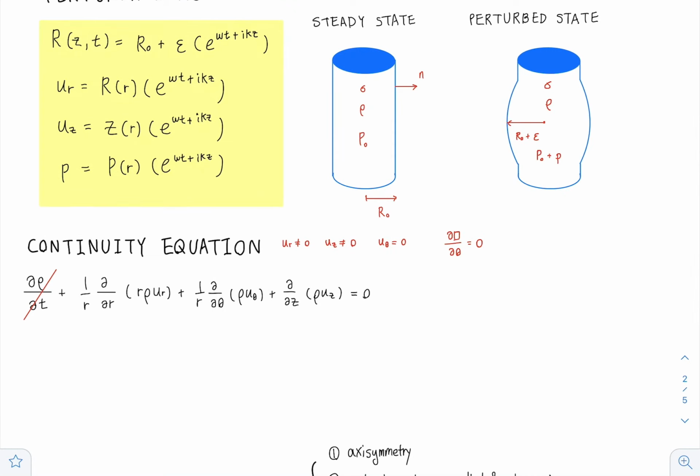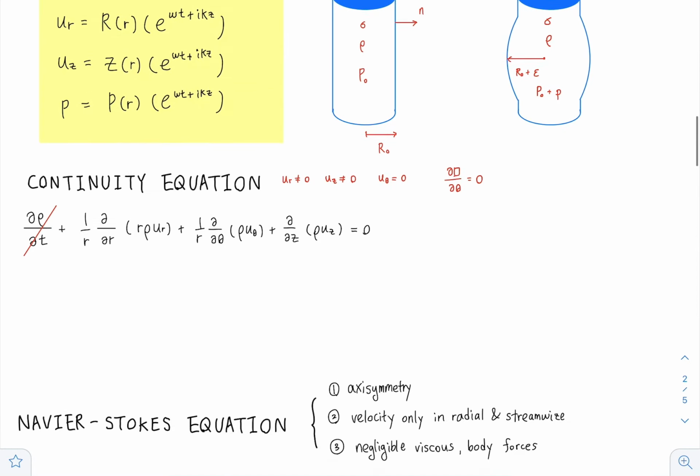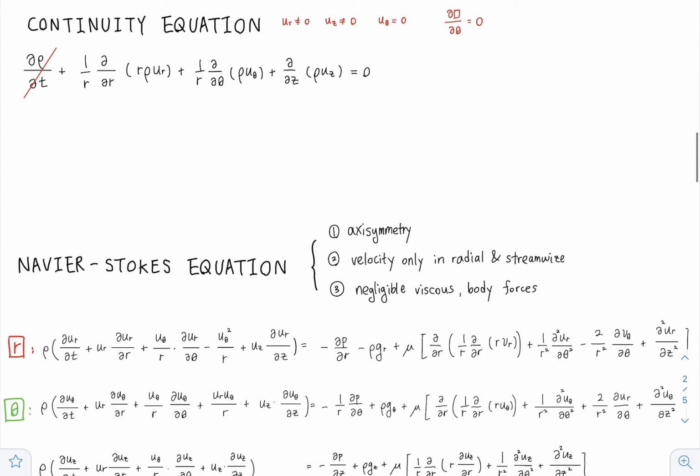In the steady state and the perturbed state, there is going to be no change in our density. So if you get rid of all the terms, we can get rid of this u theta either by our axisymmetry or by the velocity not being in the theta direction. And therefore, we only have to consider these two terms when we write down our continuity equation.